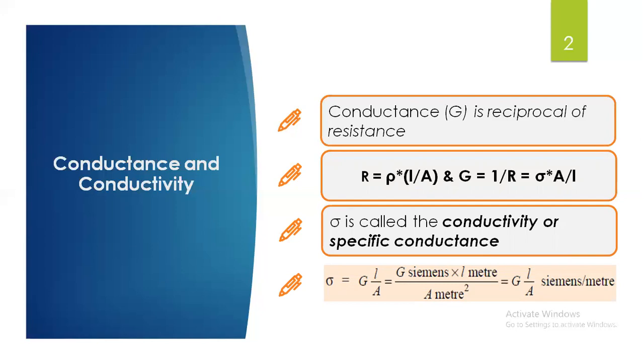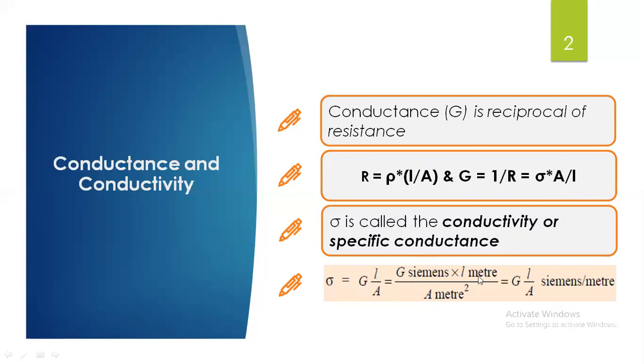It can be formulated as sigma is equal to G into L upon A. By rearranging, as we saw, G is equal to sigma into A upon L. If we solve for sigma, that is conductivity, we get sigma is equal to G into L upon A. G is the conductance, which has the unit Siemens.